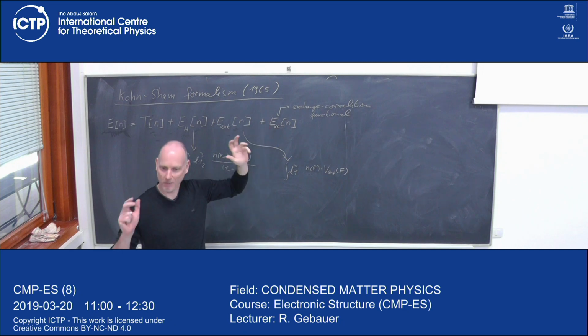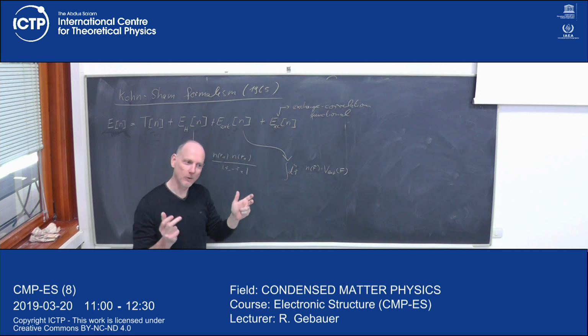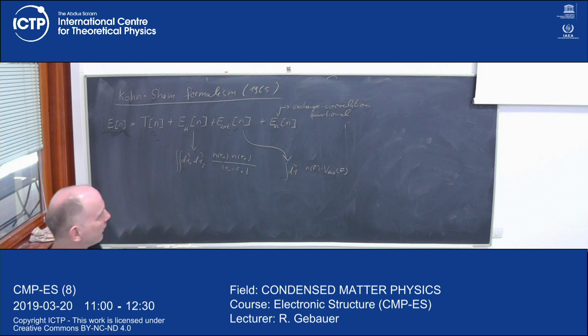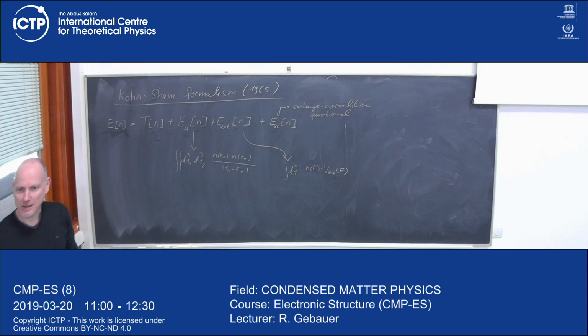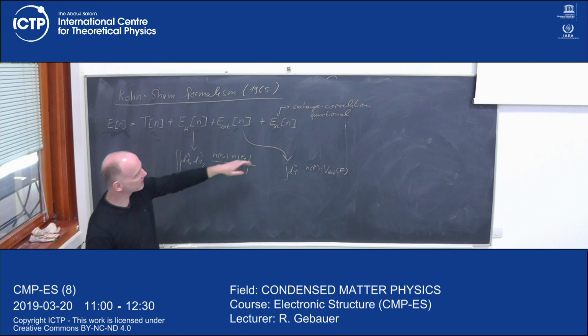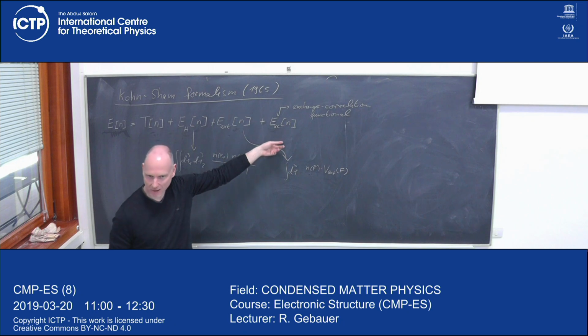So exchange correlation is a complicated name, but the true word or the name we should be given to it is the missing rest energy. Okay, so it is everything we have not yet included here, and you can imagine this will be something quite complicated. So we do not know what it is. The famous scientist Feynman, of whom you have certainly heard already many things, who were always saying funny things, he also said this should not be called exchange correlation energy.